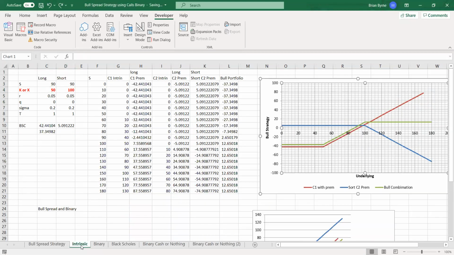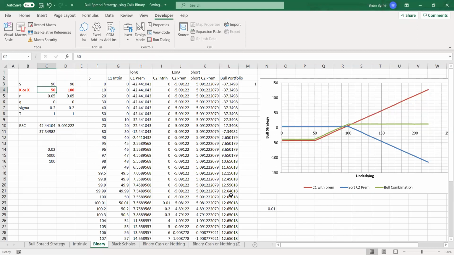If we go back to the previous spreadsheet where we had originally set up the bull strategy, when we look at the payoff here, it is the long call position, and then we add to that the short call position, right? So the payoff here is the same as what we have here.